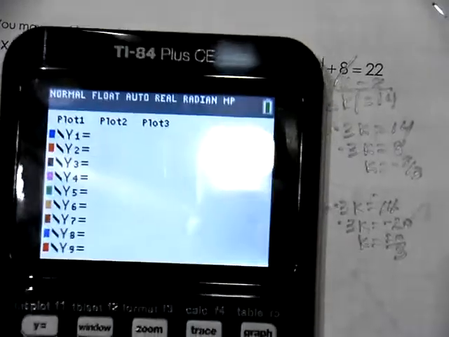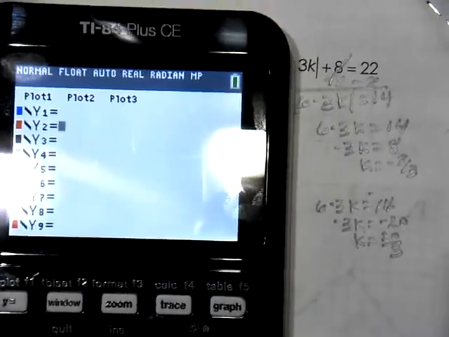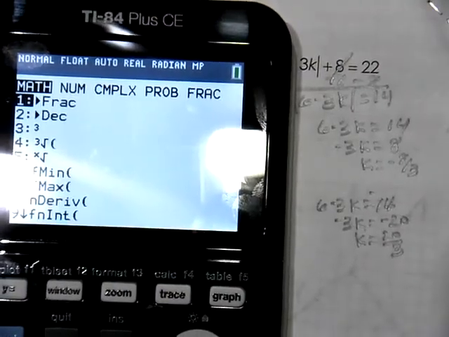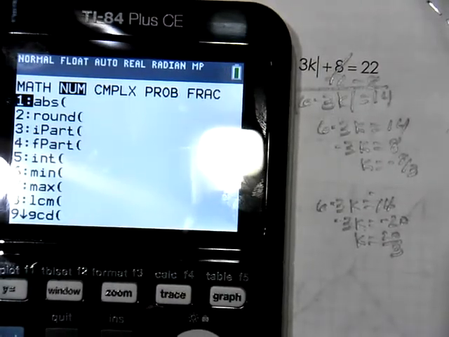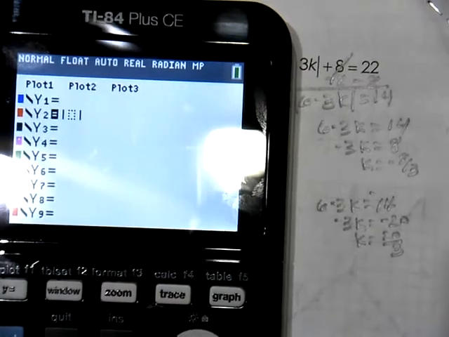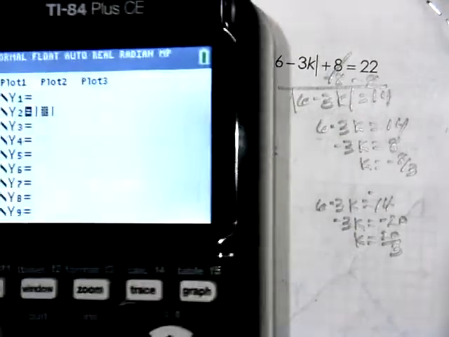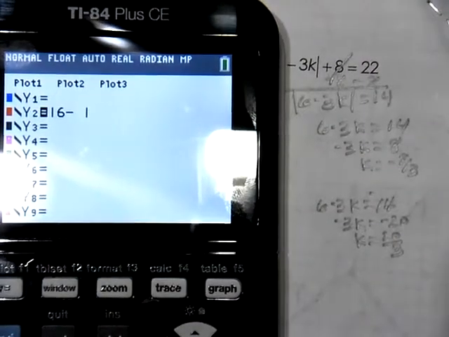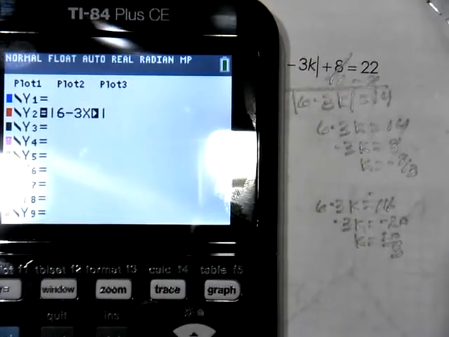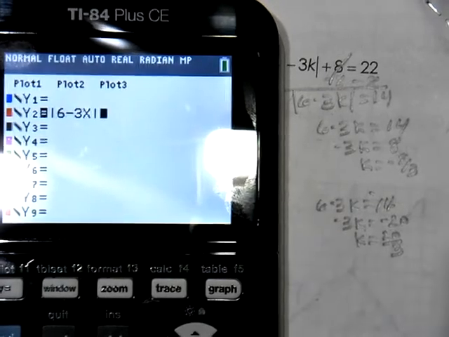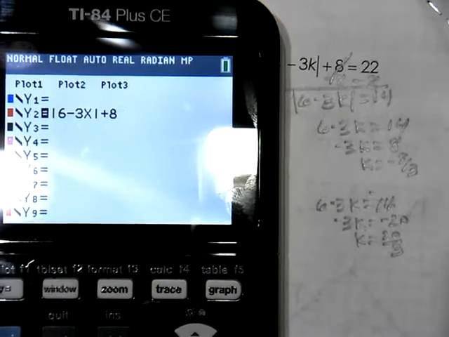So we're going to come over to our graphing calculator and we can type in our equation, which was the absolute value, and looking at our equation again, that was 6 minus 3. It says K, but we can't use a K in our graphing calculator, so we just say X. Plus 8.